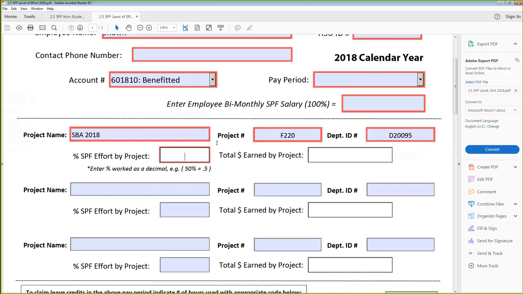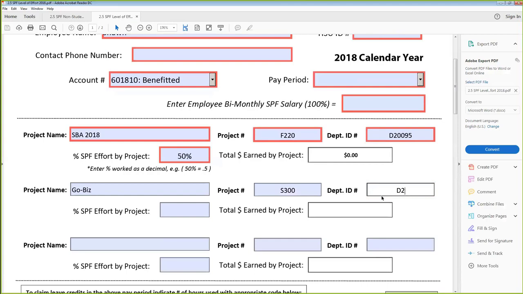let's say half of my time was going to be towards the federal grant, and then part of my time is going to GoBiz, let's just say that. GoBiz would be a state grant number, which I'm just going to make something up, so it starts with an S for state or an F for federal.